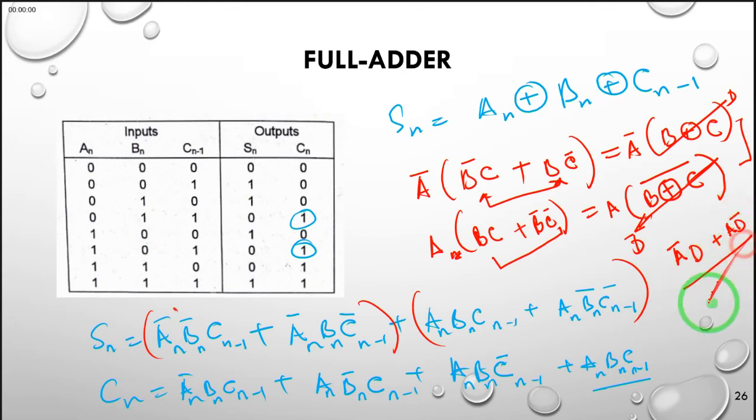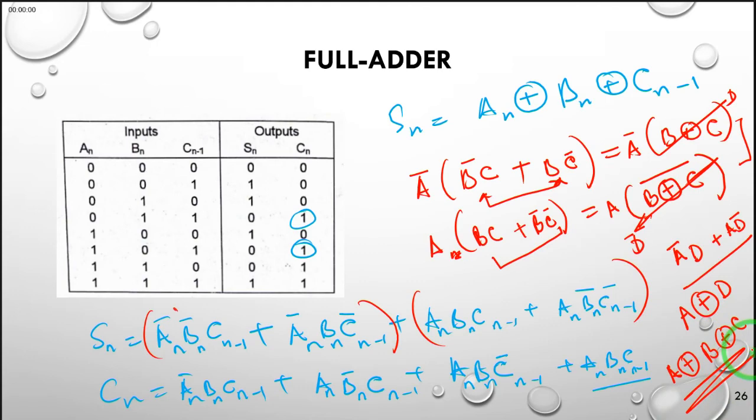Again, you can observe that this is in XOR form, which you can now express as A XOR D. If you replace this D with its term, your final expression for Sn becomes A XOR D, which is A XOR (B XOR C). So this becomes the expression for the sum.